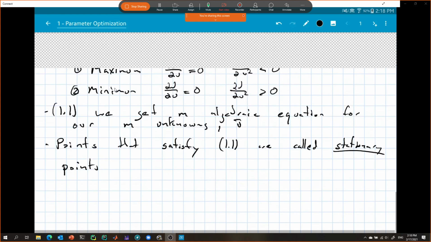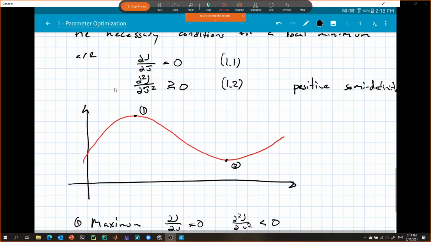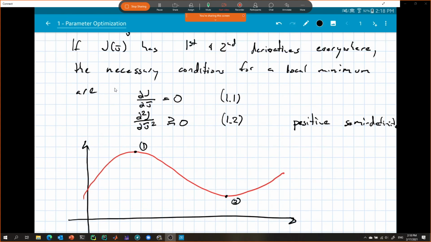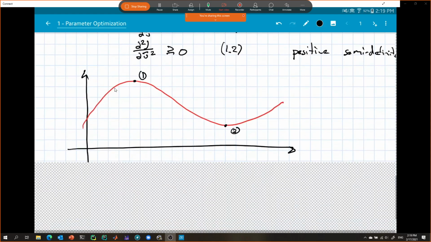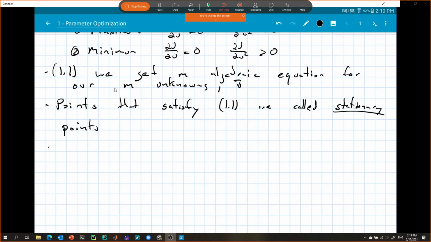And when I said that these are necessary conditions, that means that every local minimum is going to satisfy 1.1 and 1.2. But if you just have 1.1 and 1.2, you actually can't prove that's a local minimum, because if the second derivative is equal to 0, that is a singular point.